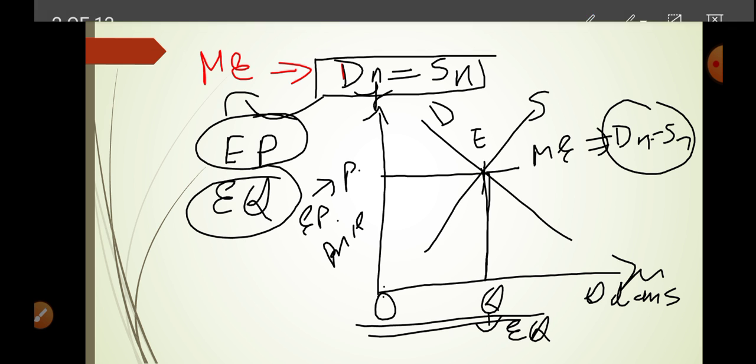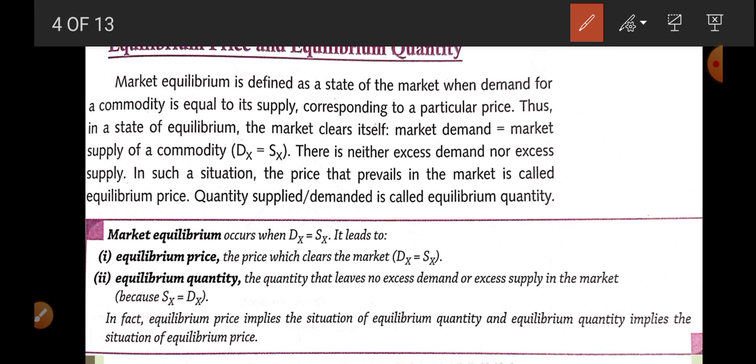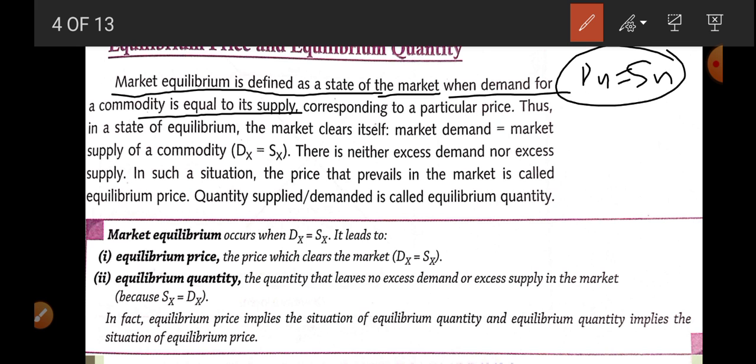Now what is written in your book? Market equilibrium is defined as a state of the market where demand for a commodity is equal to its supply, that is, where demand of X is equal to supply of X. That point is considered market equilibrium, corresponding to a particular price.